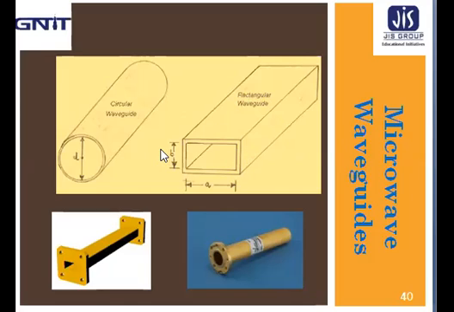The frequency of operation is determined by the dimension a, which is usually made one half of the wavelength at the lowest frequency of operation. At the cutoff frequency or below the cutoff frequency, the waveguide will not transmit energy.